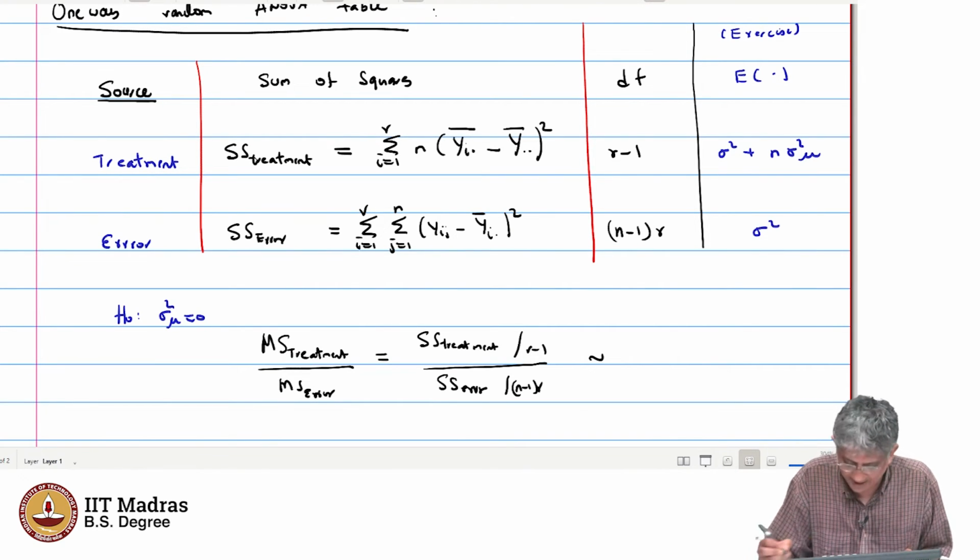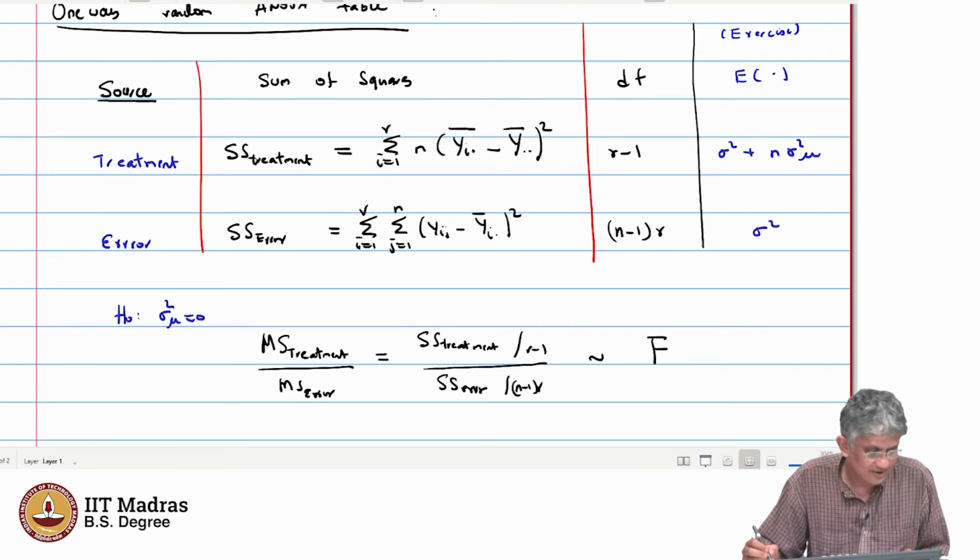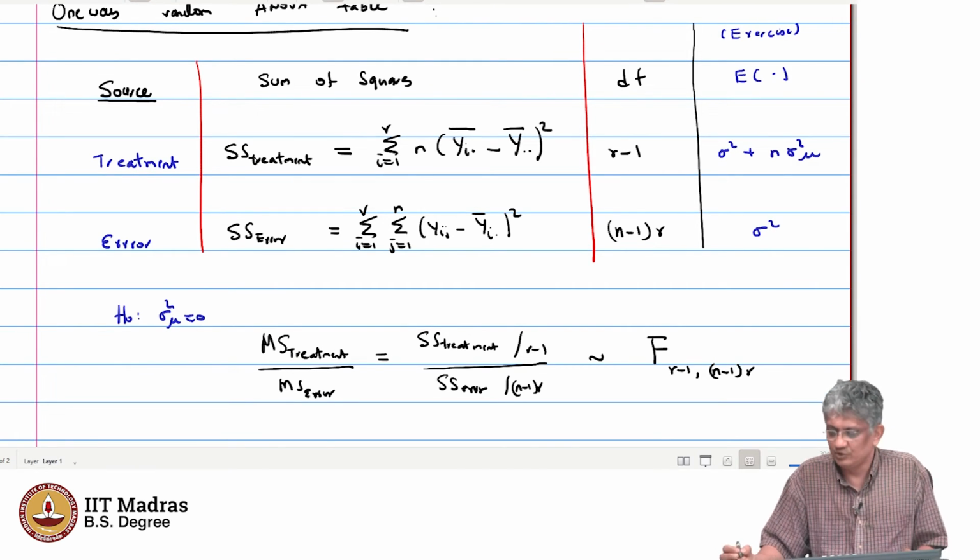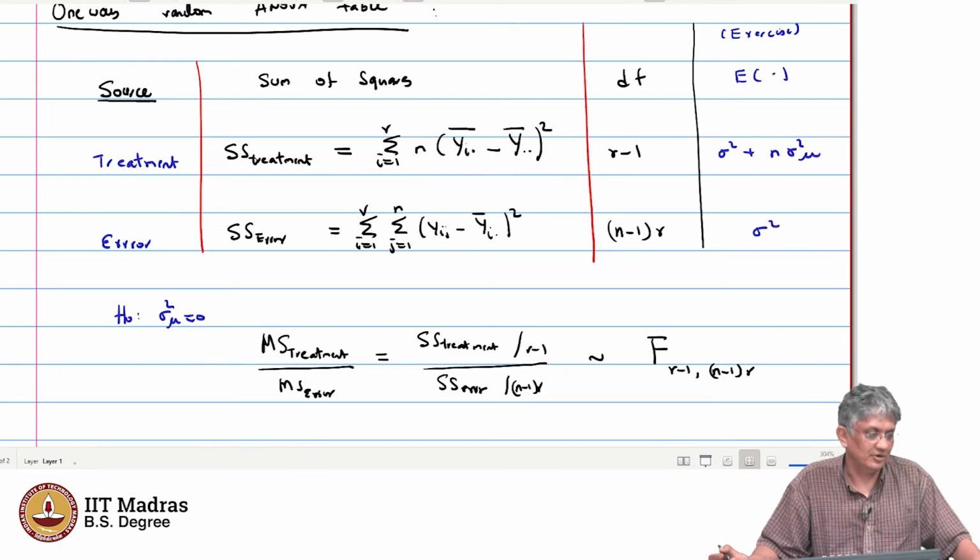Under the null hypothesis, this is distributed F with r minus 1 and (n minus 1) times r degrees of freedom. So you can use this to test whether sigma squared is 0 or not. If it is large enough, you discard the null.